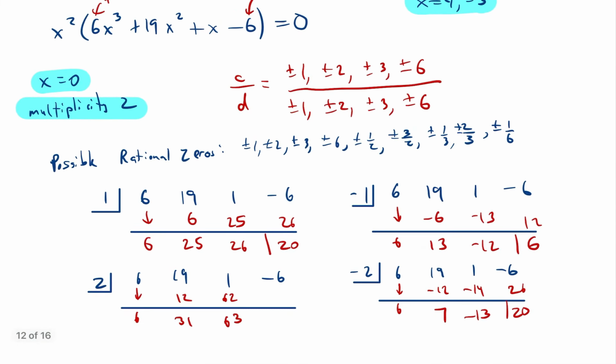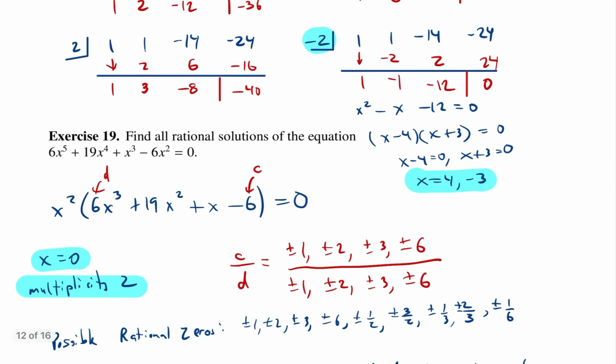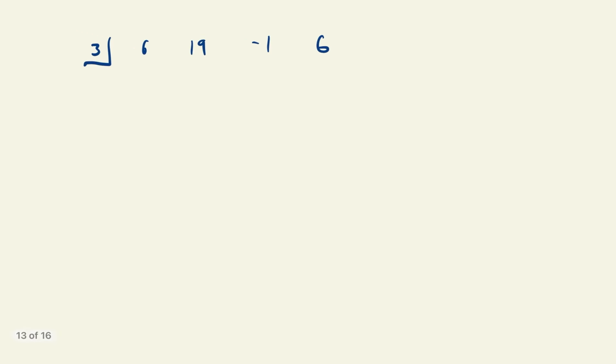Let's try 3. I'm going to have to open up a new page. 3, and the coefficients are 6, 19, -1 and 6, I believe. Let me double check. +1 and -6. Let's hope we get lucky here. Multiply, you get 18. Add, you get 37.